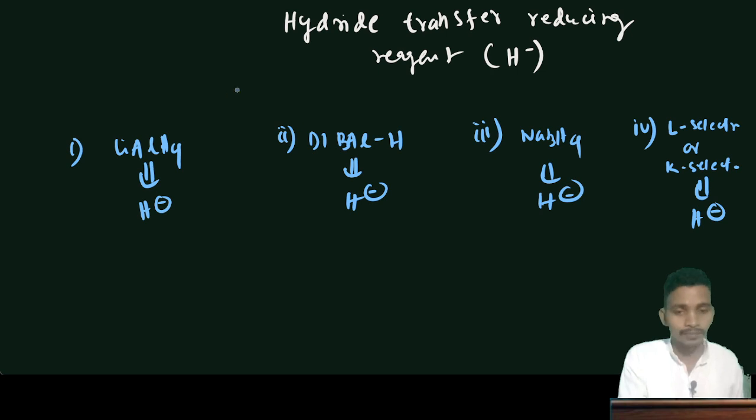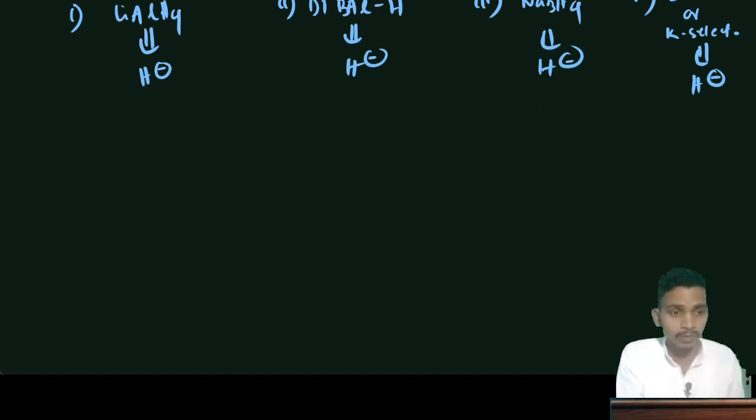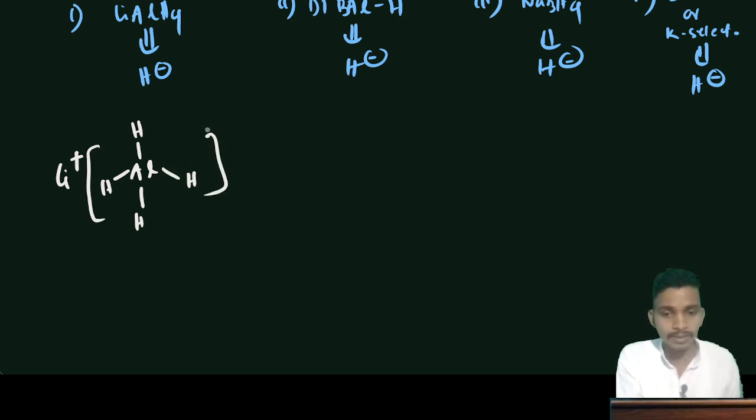Okay. Now it is important to know the structure, to distinguish all these things. Here, the lithium metal will be there, with the aluminum with 4 bonds to hydride, and this is the negative charge, and from here we are getting H minus.